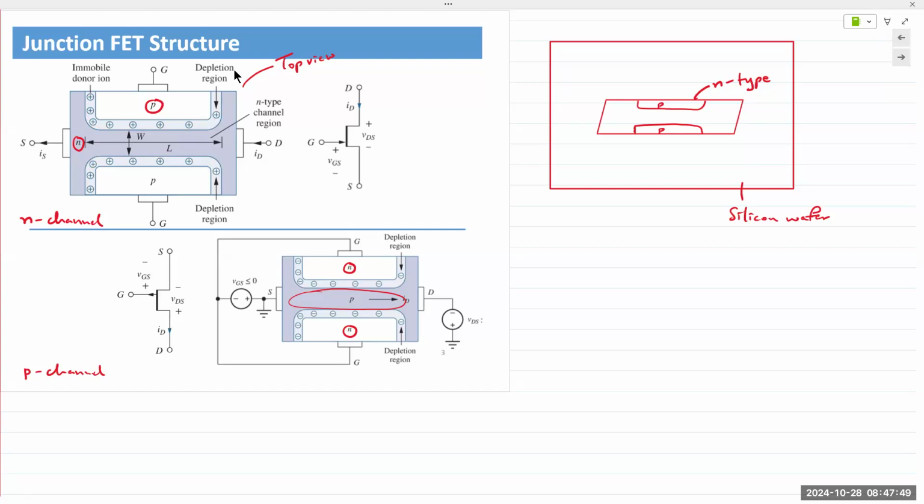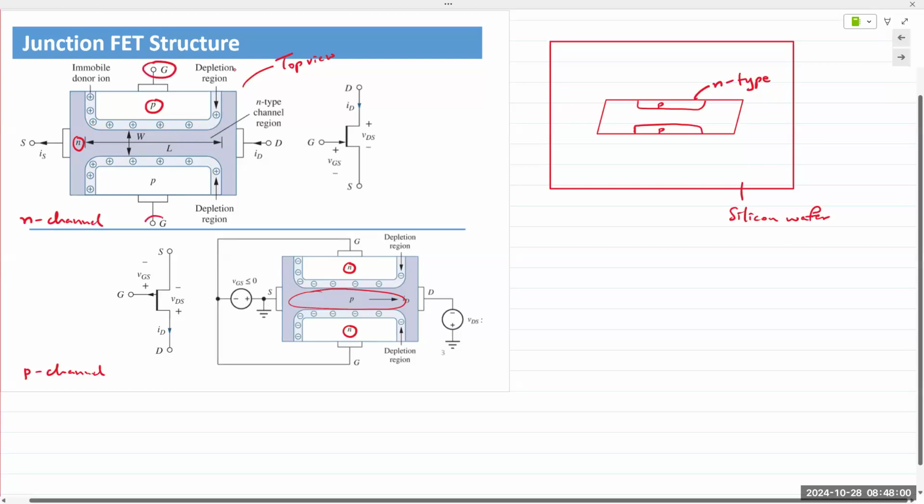So when we connect it to an external circuit, the gate terminal connects to both p-type materials. You see here, it is marked as G. G stands for gate.